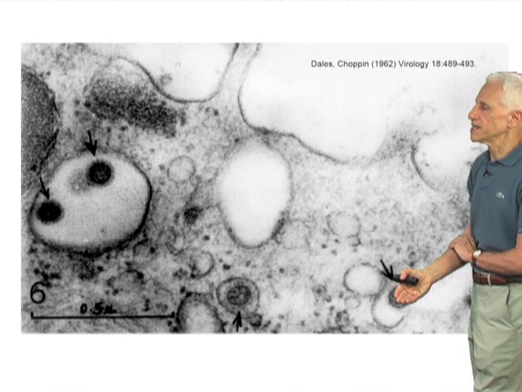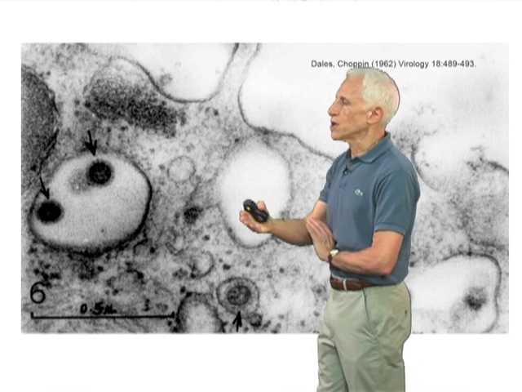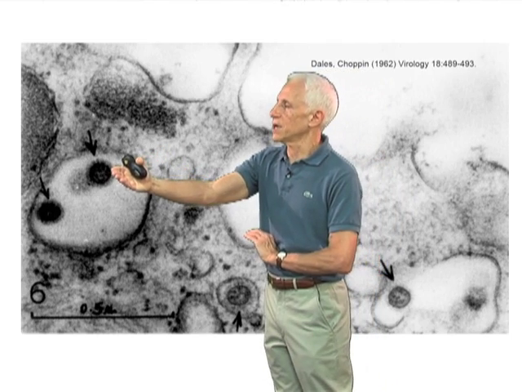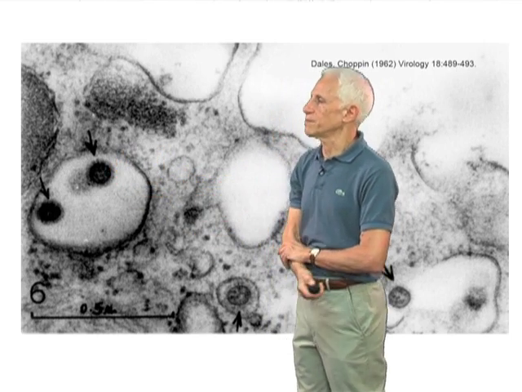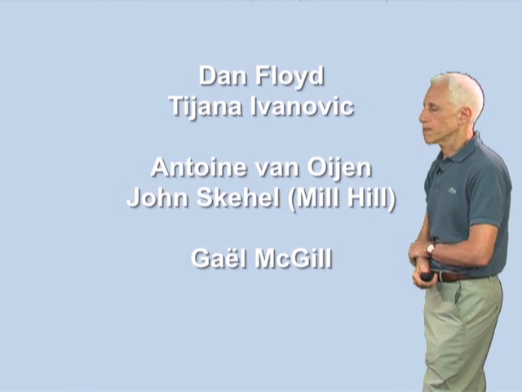You can actually see some of them in cross-section here probably, into the cytoplasm through fusion of the lipid bilayer of the virus with the lipid bilayer of the endosome.